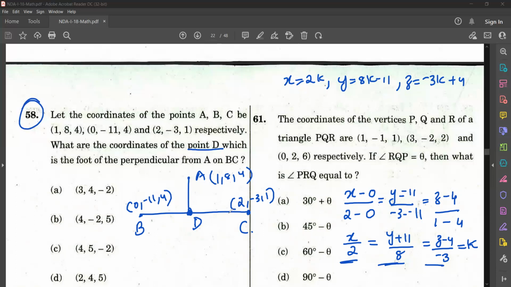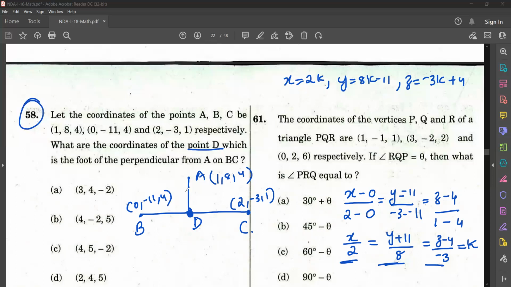Now listen to what they are saying. D is the foot of the perpendicular from A. Then can you say the direction ratios of AD?